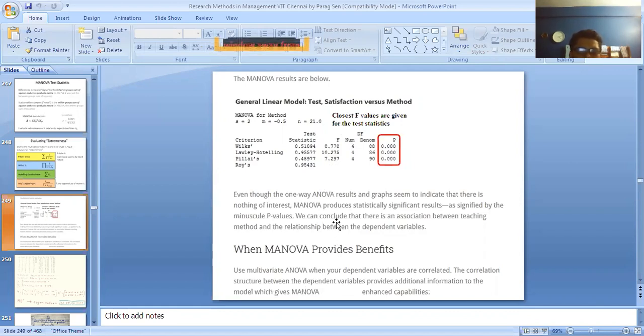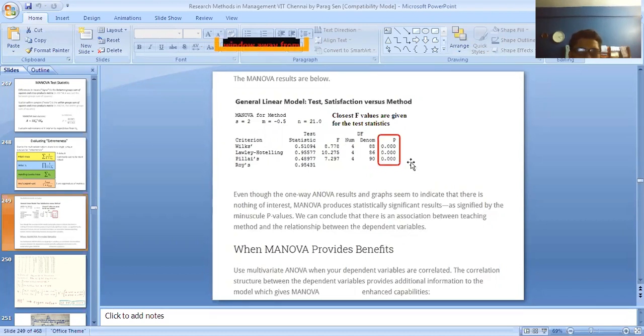Now you just need to look at the p-values. So you can see that in this case, the relationship is significant. You can conclude that there is an association between teaching method and the relationship between the dependent variables.